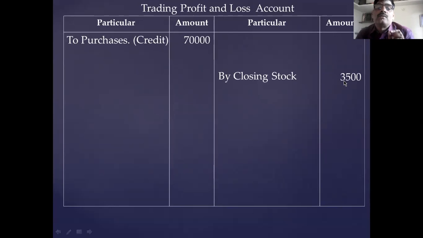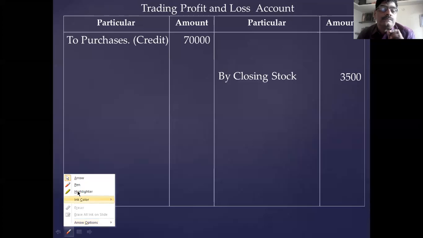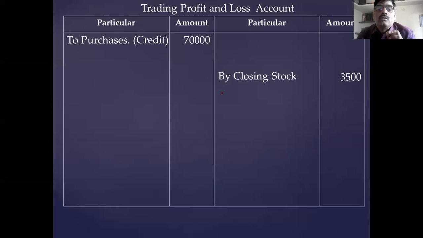How did I take 3,500? I'll calculate here. You see the calculation. 4,200 is the sales value. Value of closing stock is selling price into 100 divided by 120. For 120 selling price, 100 is the cost.